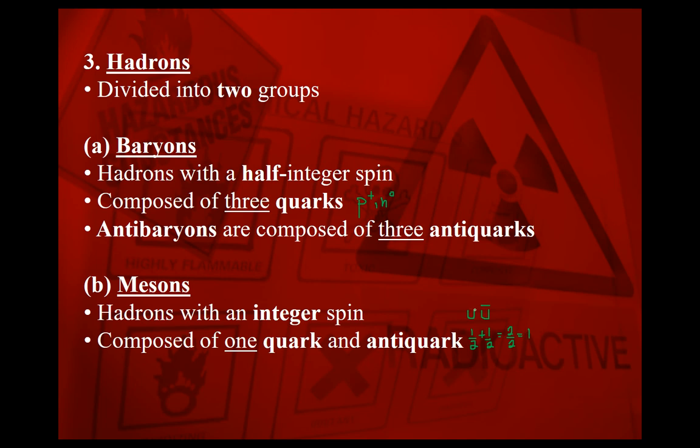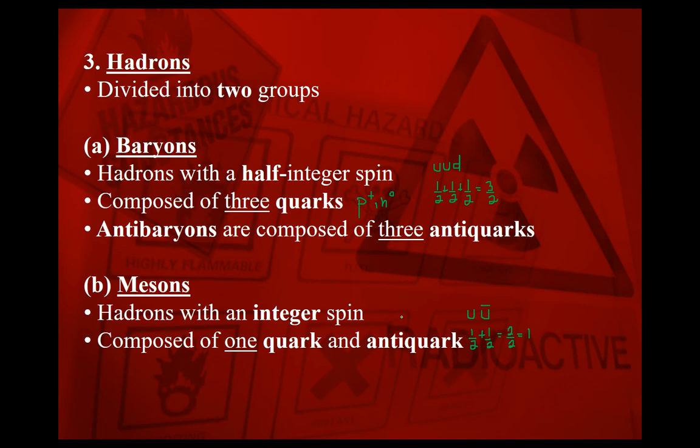So because we have an even number of quarks, we can get an integer spin. For these ones, for example, if you had a UUD, so that would be up quark is a spin of 1/2. This has a spin of 1/2. If you have an odd number of quarks, like you have 3 for a baryon, that's going to give you 3/2. So that's a half-integer spin to it.